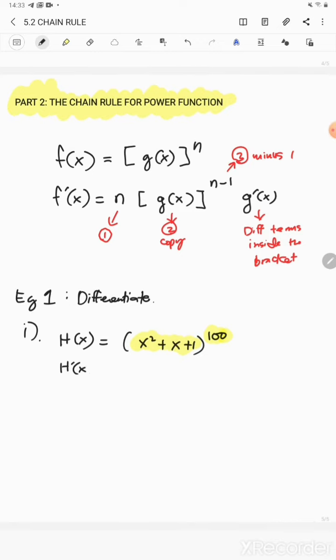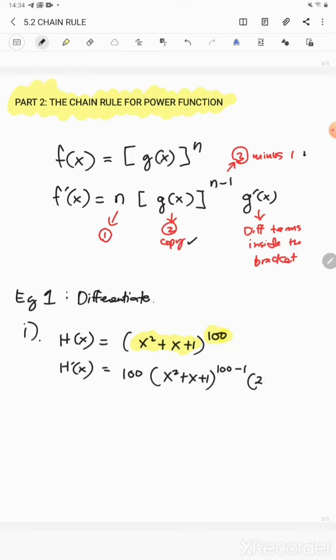When we differentiate this, first step you have to bring 100 to the front, and then second step you have to copy all terms inside the bracket. Third step you have to minus 1 for the exponent, for the power, and then the last step number 4, you have to differentiate all terms inside the bracket, meaning that you have to differentiate g(x) just now.